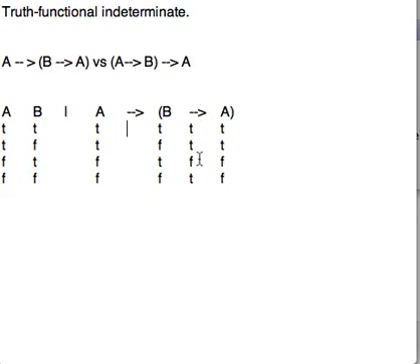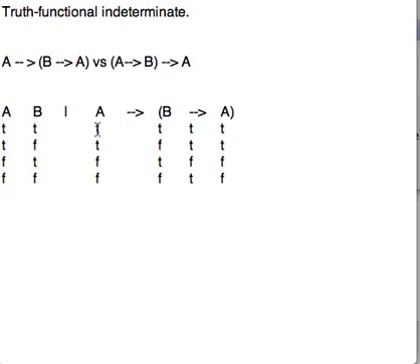We always look at what the main connective is of the complex sentence. So when we're evaluating this material conditional, we're not going to be looking at A or B, we're going to be looking at the truth values that we assigned to the material conditional in this column.